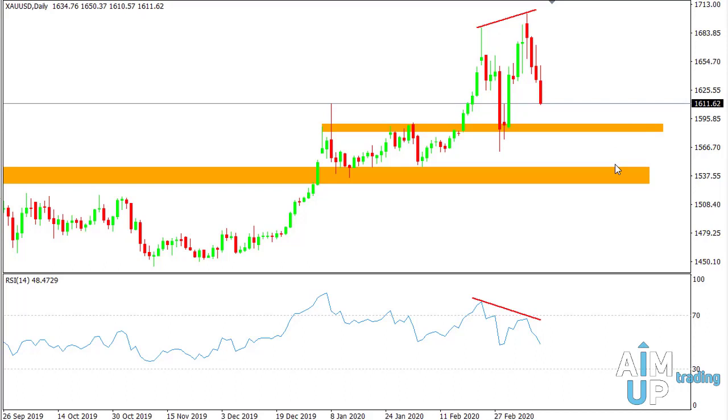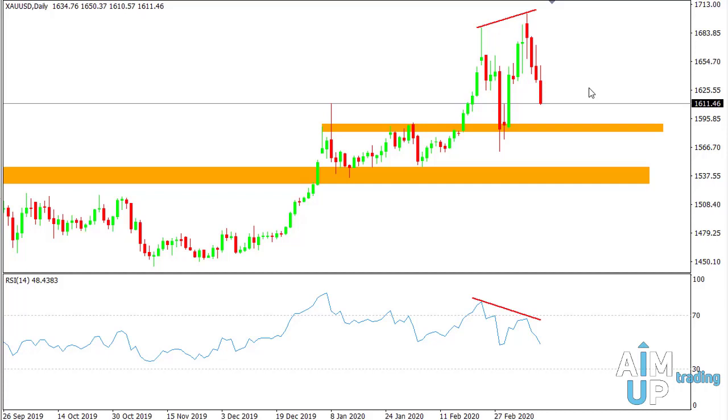So we prefer to stay away from the chart at this moment and await another good opportunity to enter the trade, because this one, as I said, looks really bearish, but at this point, we're not going to be taking another trade.